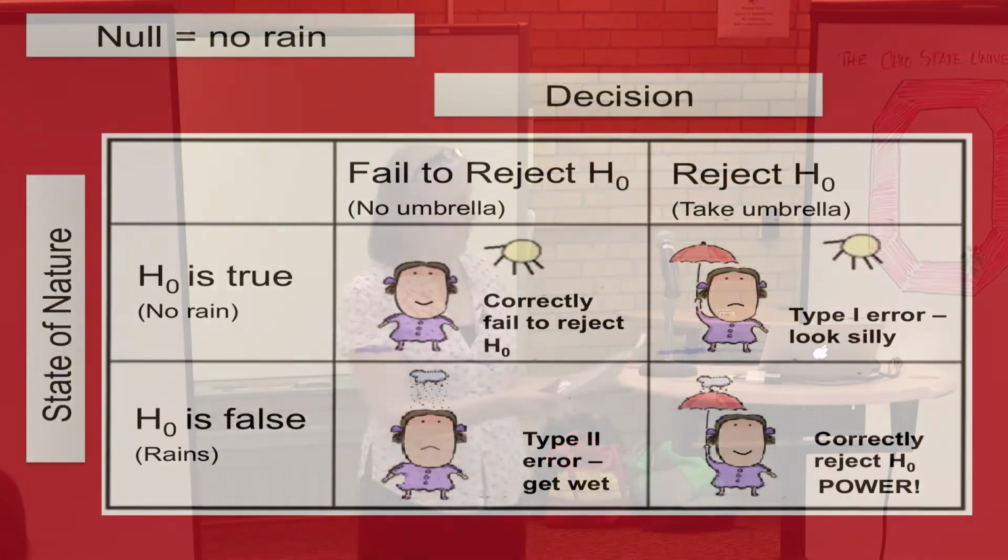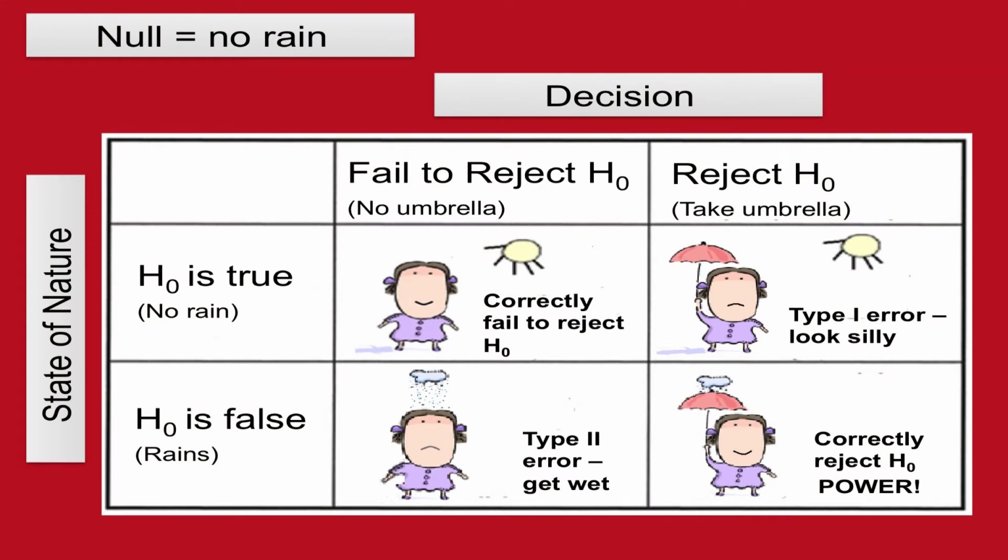So when you're doing a hypothesis test, there are 4 possible outcomes for any type of decision that you're making. Two of them happen when the null is true, and two of them happen when the null is false. Imagine that you wake up in the morning, it's sunny, and you have to decide, okay, is it going to rain later today?